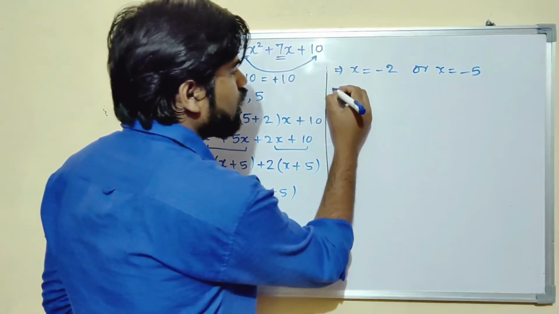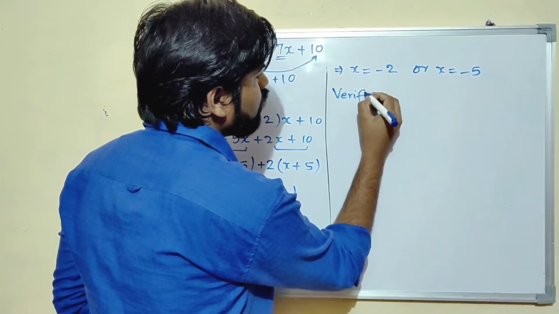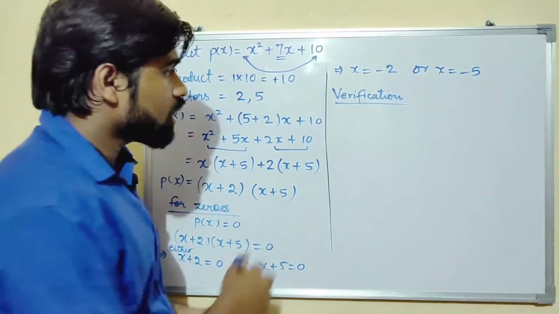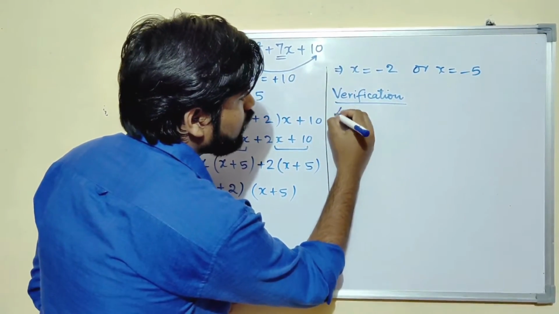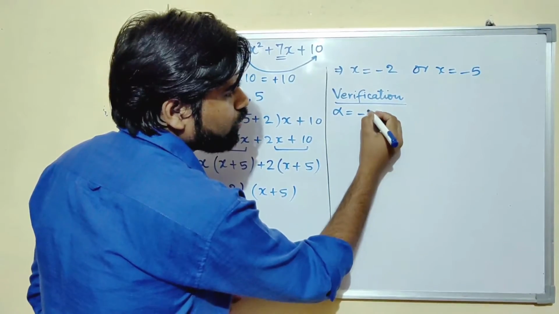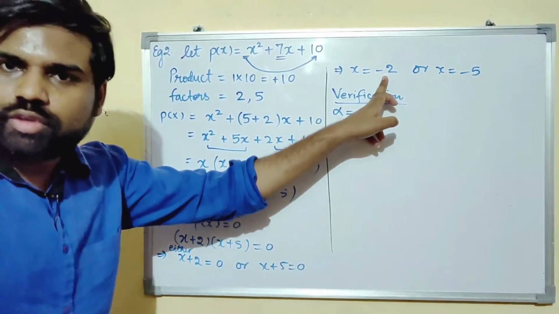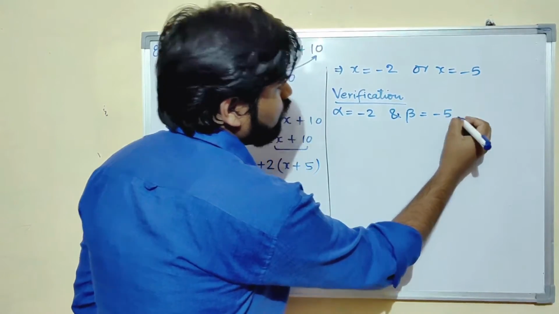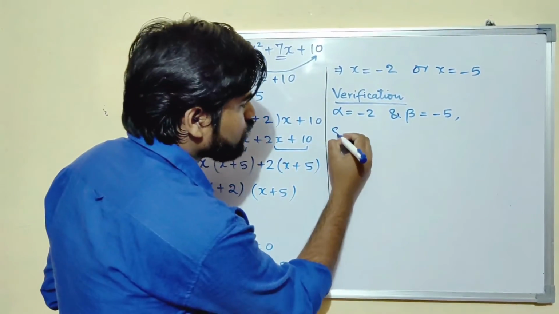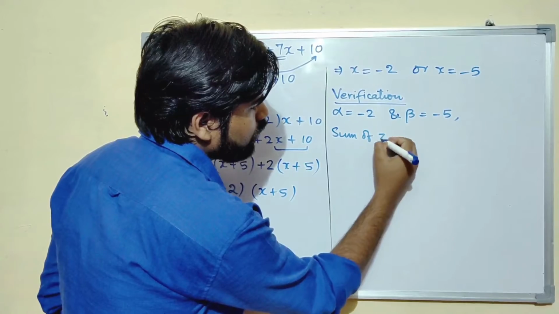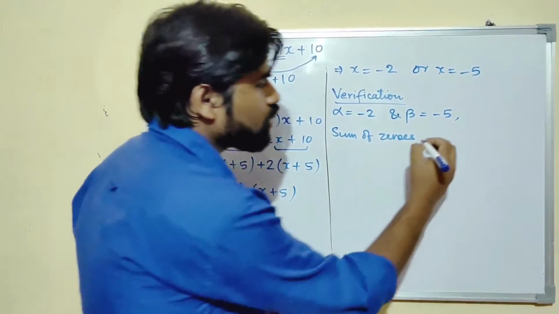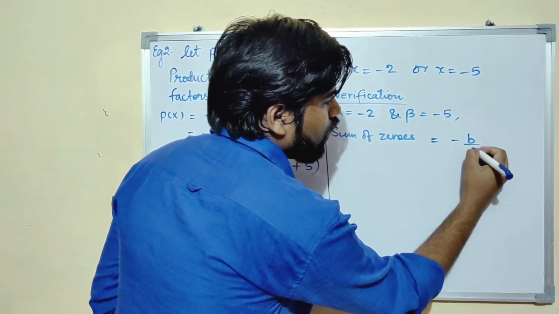Now we have to verify the relationship. We can take the value of alpha as minus 2 and the value of beta as minus 5. Now the first relationship was sum of zeros equals minus b upon a.